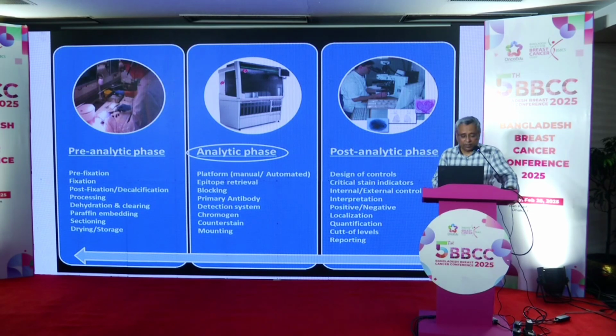I don't know if you can read it. It's pre-fixation, fixation, post-fixation, and then the whole processing part. And then there's the analytic phase where you do blocking, antigen retrieval, antibody incubation, use of chromogens and other things.